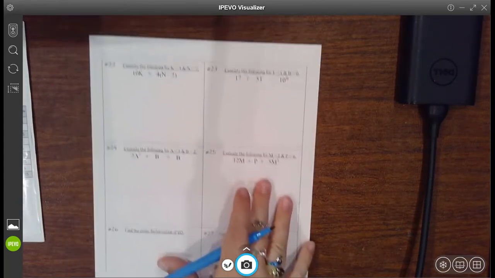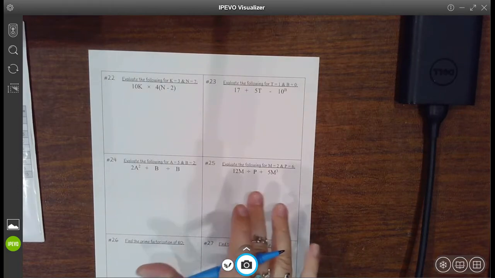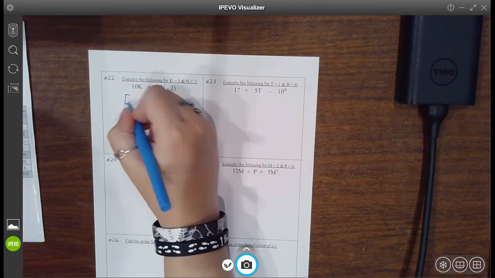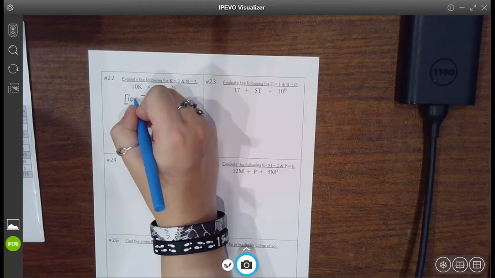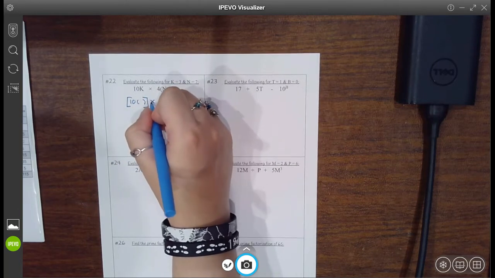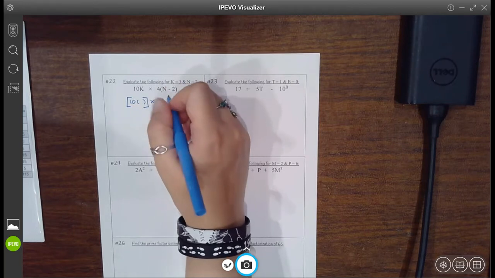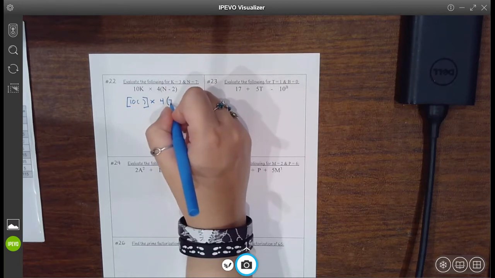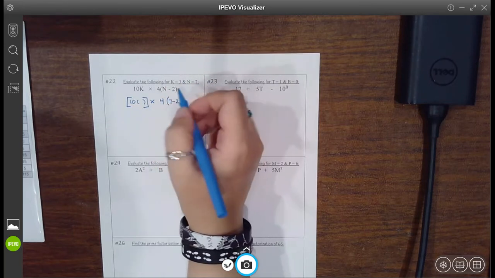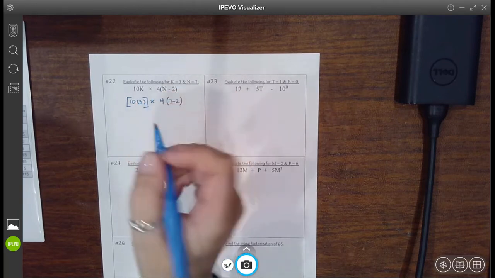Let's go ahead and look at this one. Okay, I have this term of 10 times k, times 4 times this n minus 2. N is 7, and k was 3.